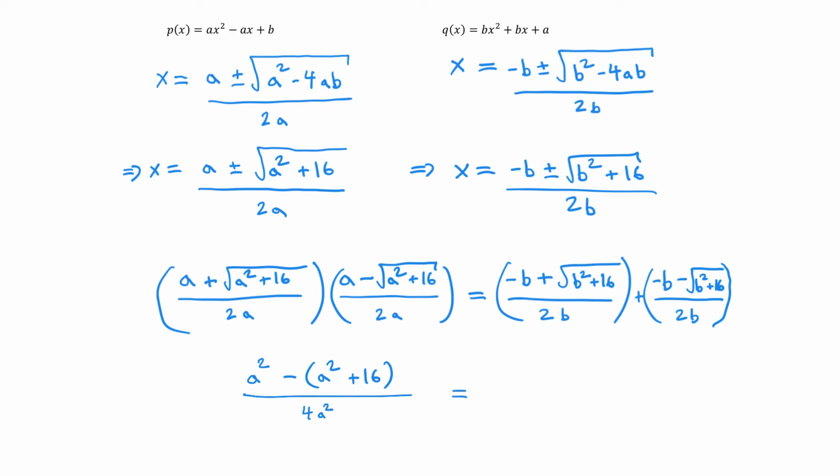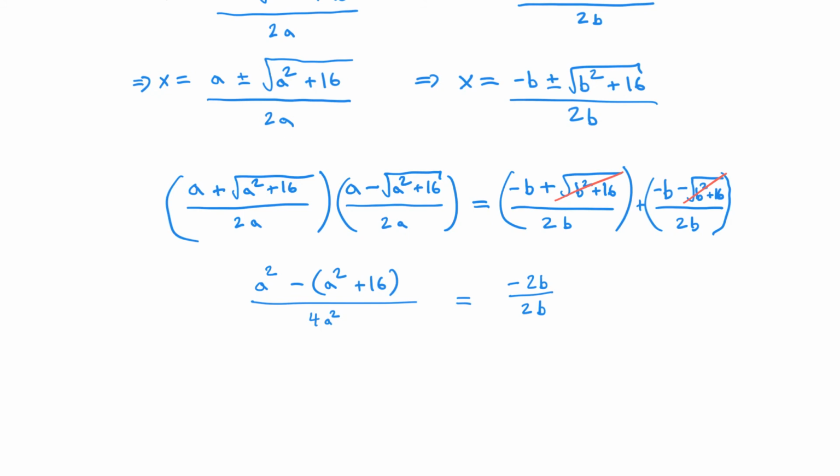Let's take a peek at the right-hand side. So on the right-hand side, we can simplify plus the square root of b squared plus 16 and minus the square root of b squared plus 16. Those two go away, and we are left with a minus 2b on the top and a 2b on the bottom.